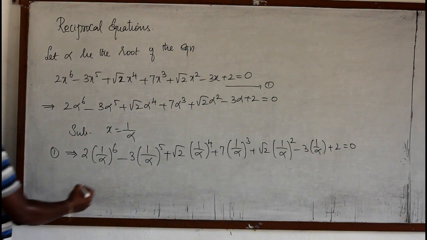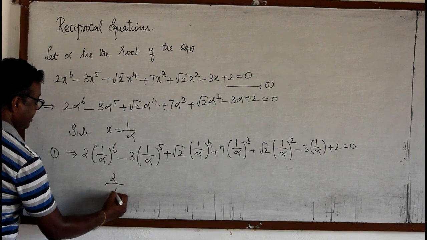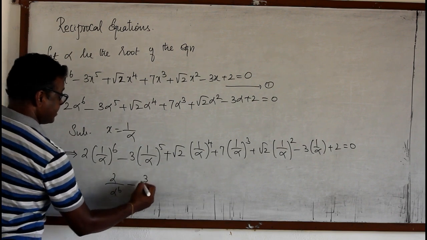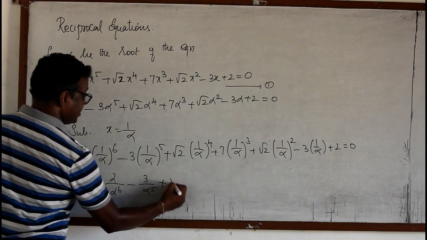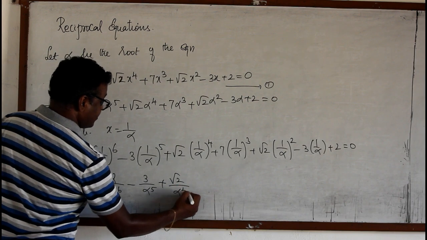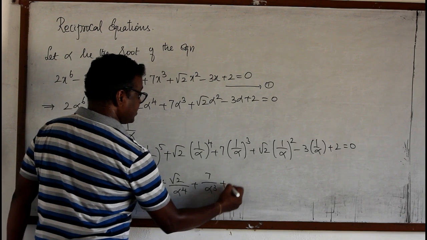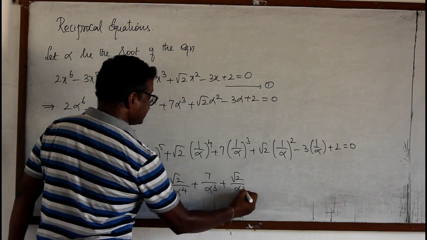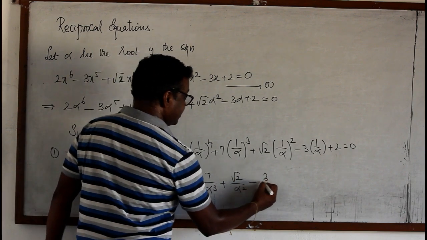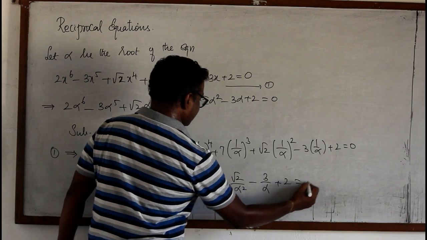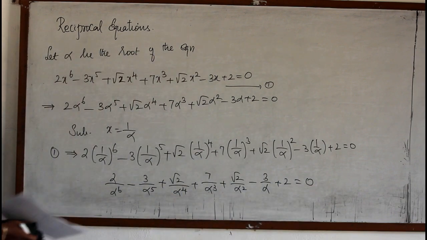Then this becomes 2 by alpha power 6 minus 3 by alpha power 5 plus root 2 by alpha power 4 plus 7 by alpha cube plus root 2 by alpha square minus 3 by alpha plus 2 equal to 0.